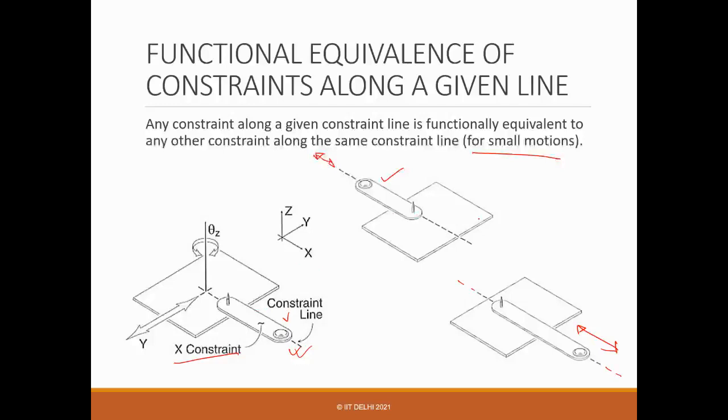Suppose you find a point here or somewhere else, you just extend it along the same line right here. So what is important is this constraint line. Whether you are connected here, or somewhere here, whether this point is on the other side, it's the same as long as you are maintaining this. So they are all equivalent.